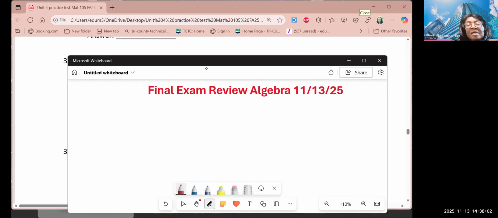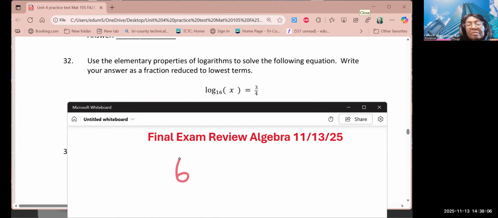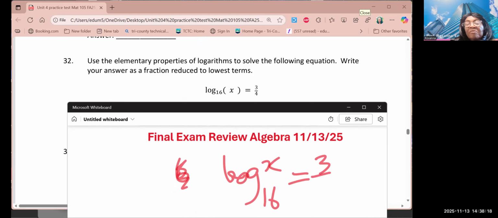Number 32 says log x to the 16. This time they gave us a quotient. Write your answer as a fraction. Use the elementary properties of logarithm to solve the following equation.